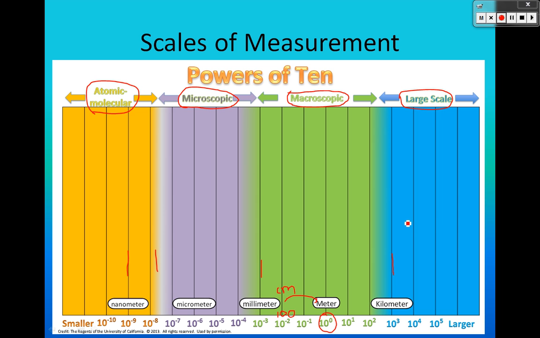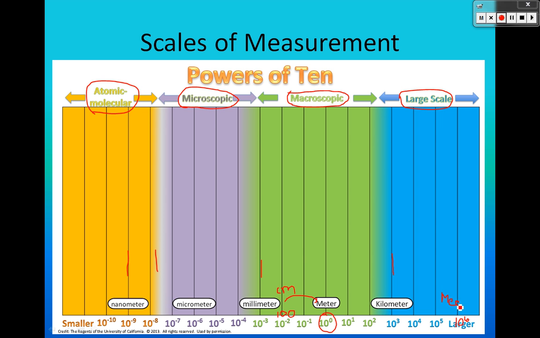So the small end of large scale is at the end of that scale that a lot of us have memorized, the kilometer. And if you go out 1, 2, 3, so this would be 10 to the 6th, this is called a megameter.